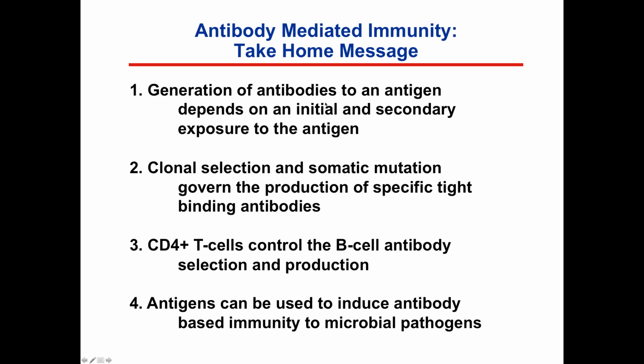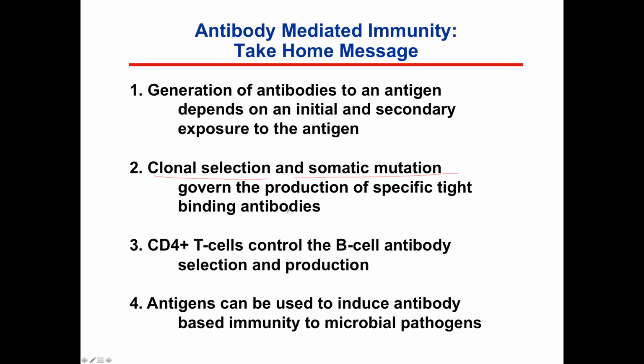And we also saw that IgM is produced first and then IgG, and that class switching occurs, and now you understand where that occurs and why. We also looked at clonal selection and somatic mutation.